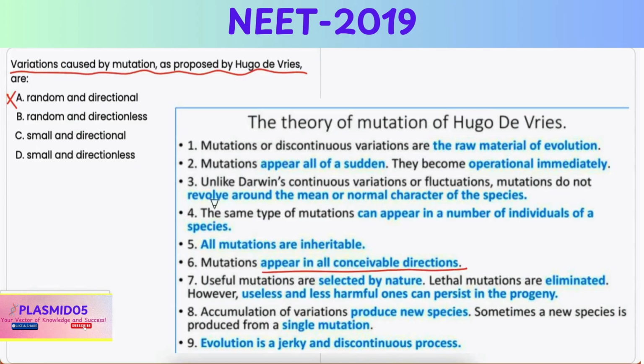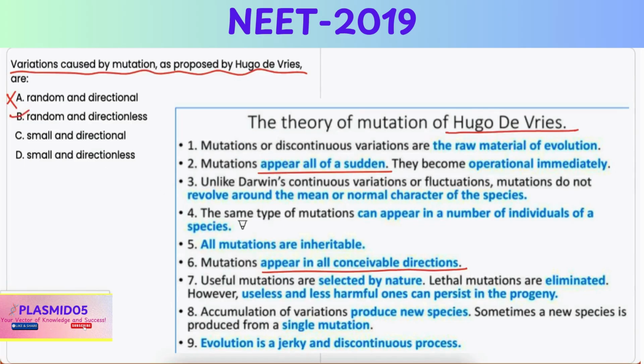Now, mutations indeed occur randomly without any specific aim or purpose. They are directionless, meaning they do not occur to benefit or to harm an organism. And Hugo de Vries proposed that mutations are spontaneous and can lead to either beneficial, harmful, or neutral variations. Hence, this is the correct option.